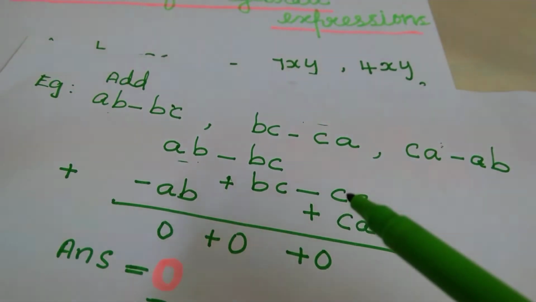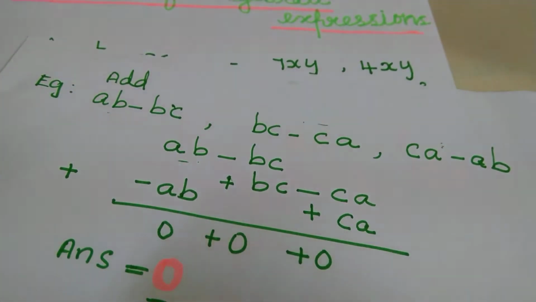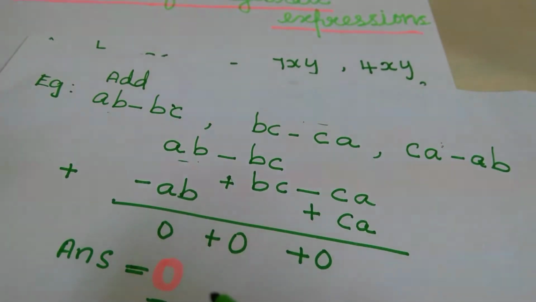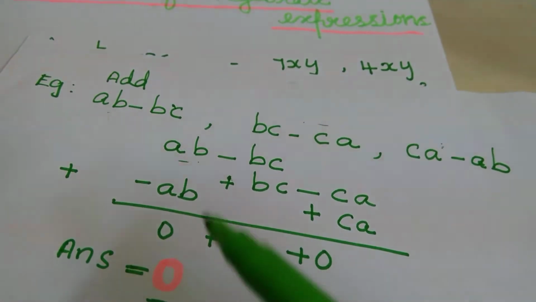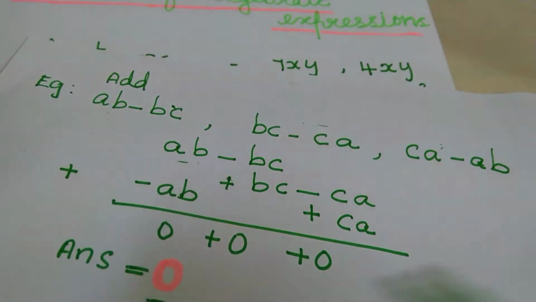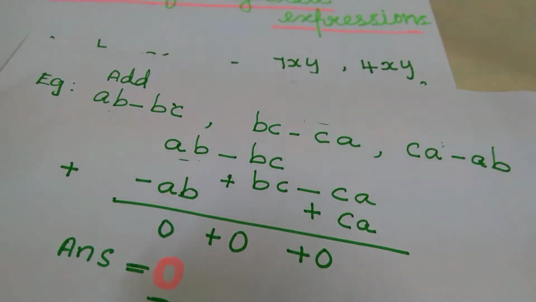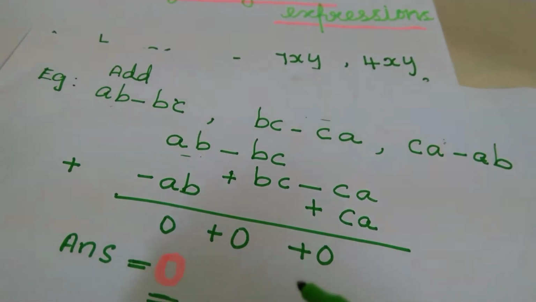It is like adding minus 5 plus 5. In the same way, minus BC plus BC is also 0. Then AB minus AB is also 0. So our answer here is 0.